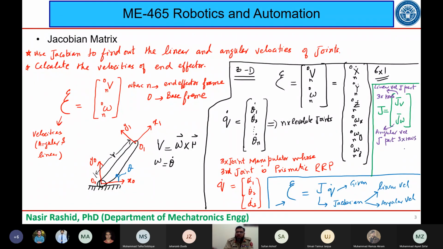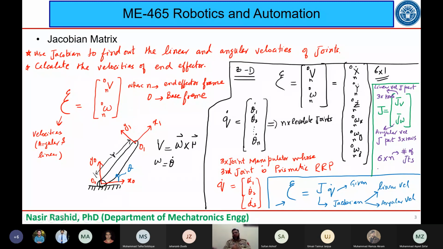और इसके कॉलम्स किस पे डिपेंड करेंगे? Its columns will depend on the number of joints, n. So the size of Jacobian J would be equal to 6 cross n, where n are the number of joints.